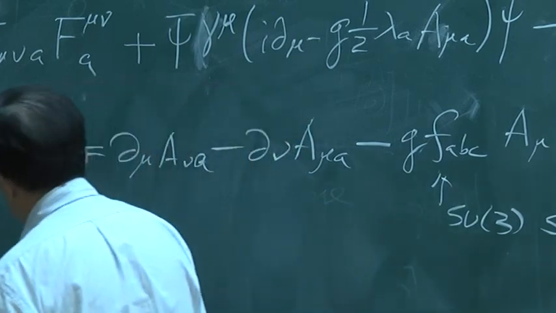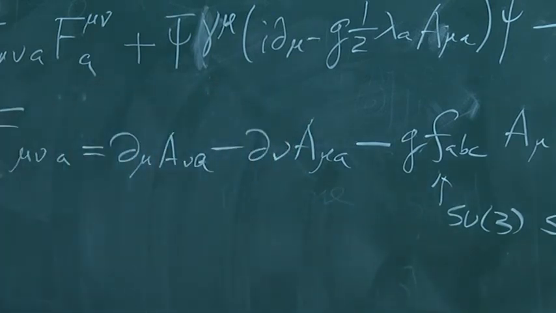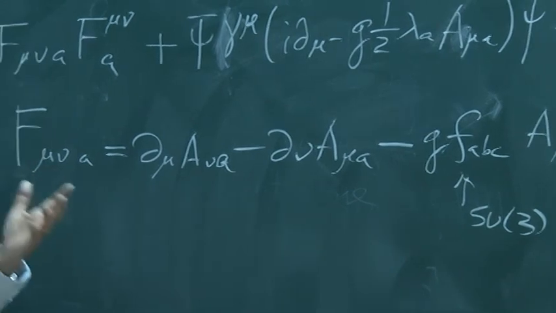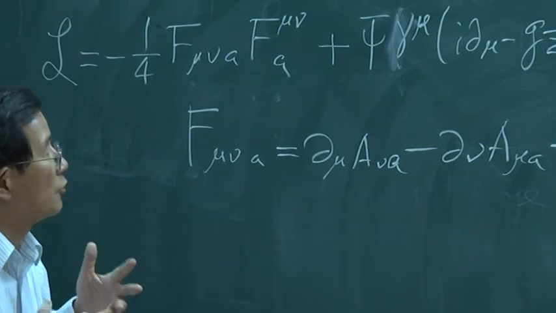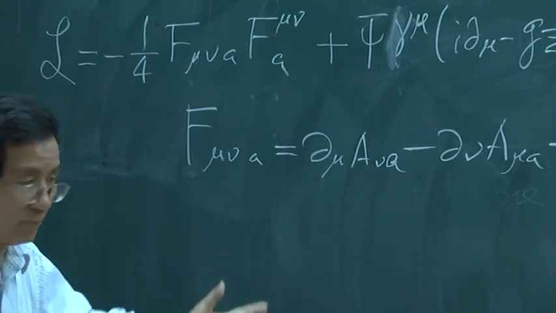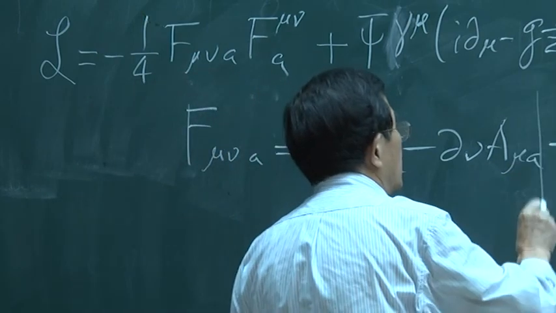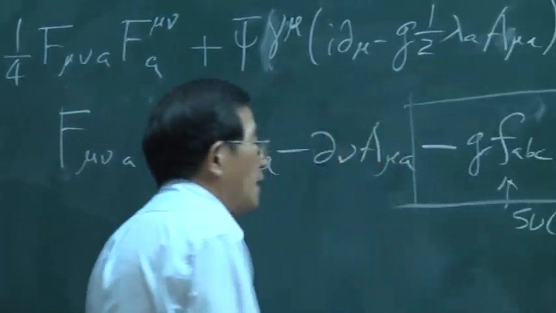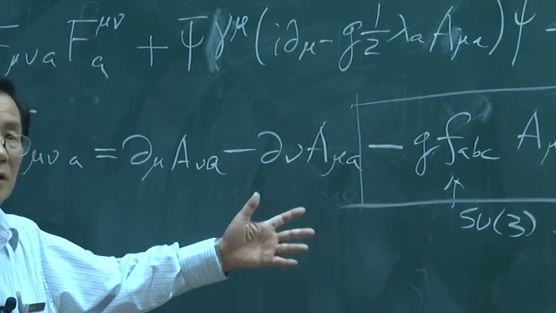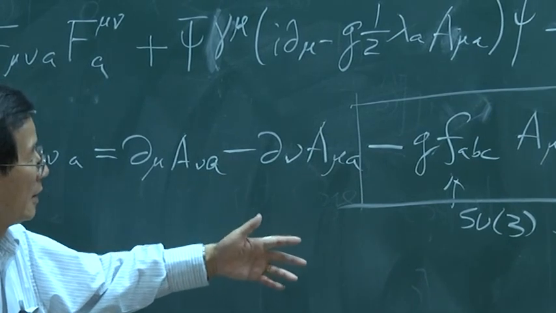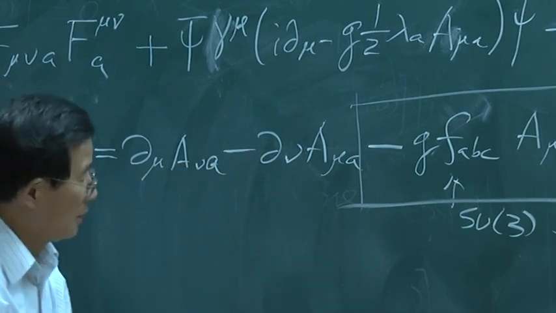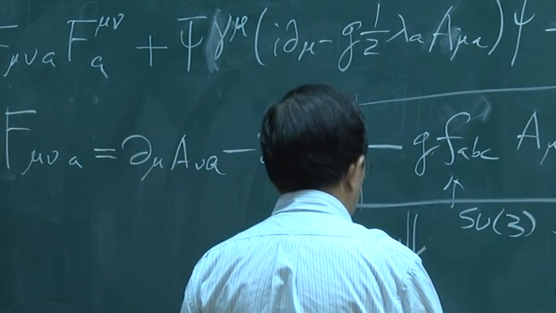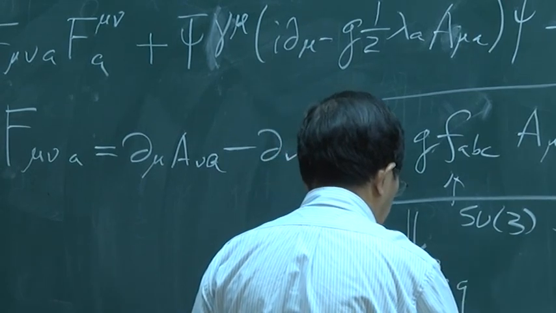What's interesting about this Lagrangian is that every term has a physical origin for it. It's not a model field theory. You have some physical input which requires the existence of each term. For example, we know that this term is unique to non-abelian gauge theory, and then you need this term in order to have asymptotic freedom. So this term is required by asymptotic freedom.